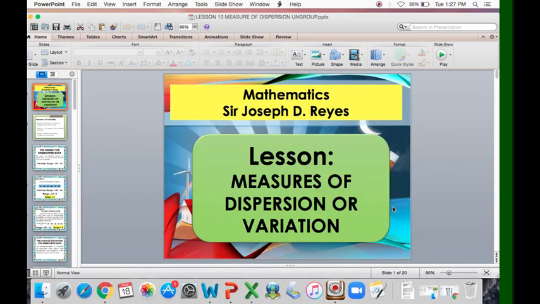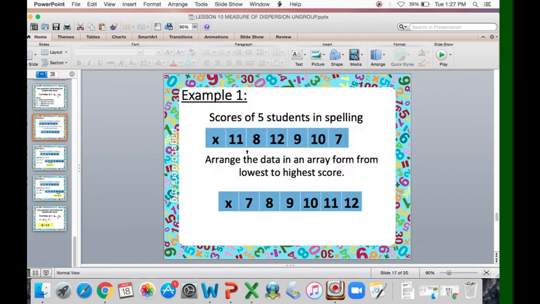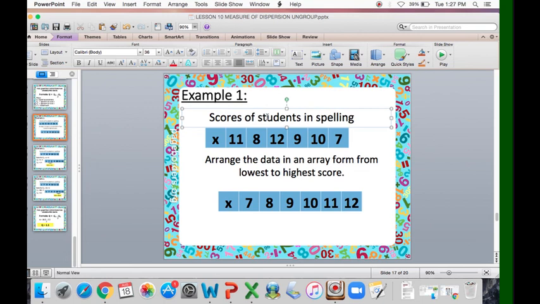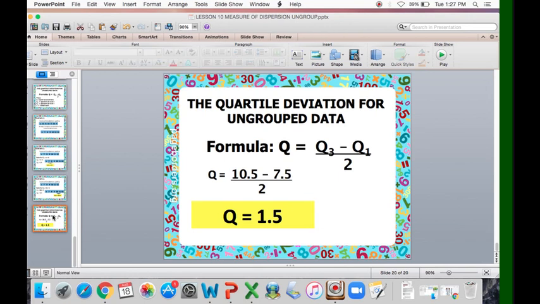So meaning to say, using the scores of the 6 students in spelling, the quartile deviation is equivalent to 1.5.